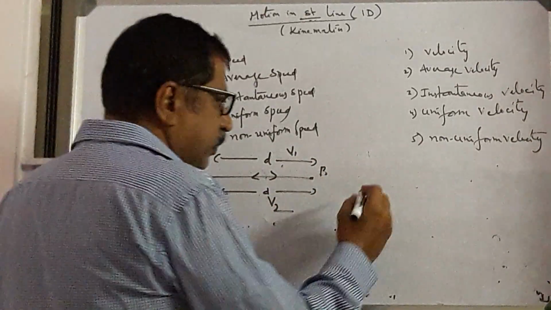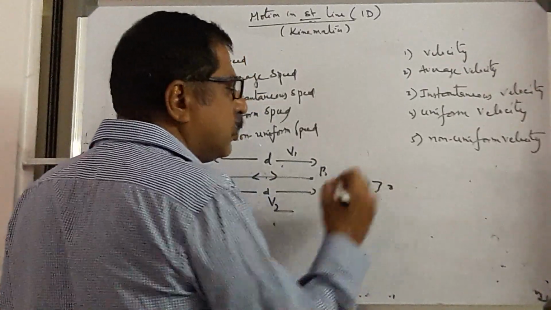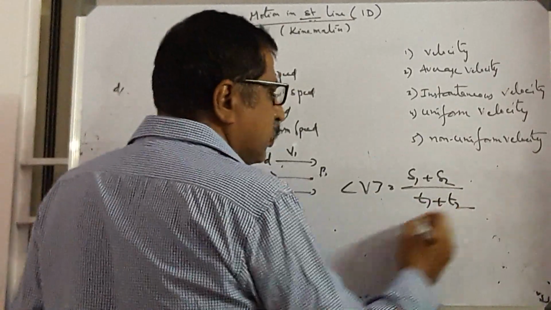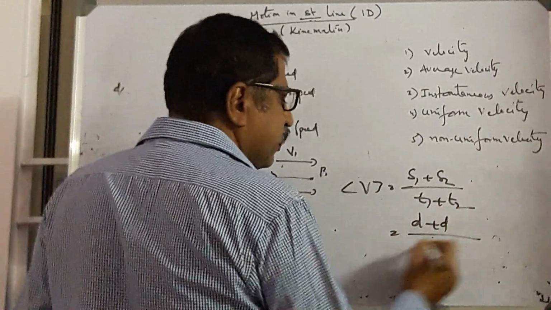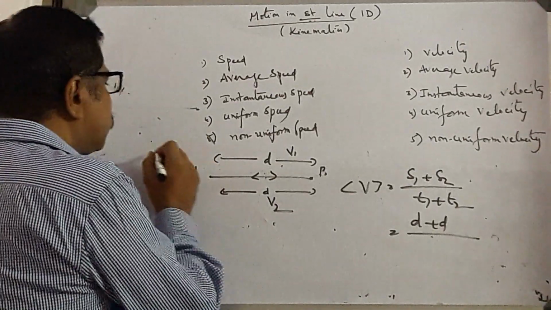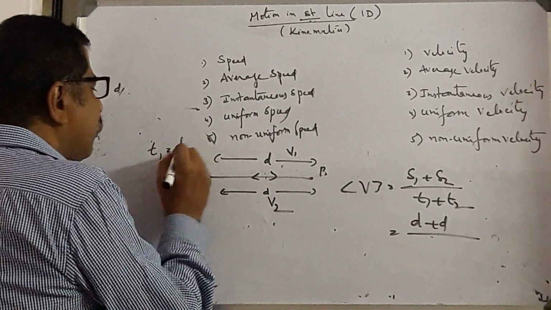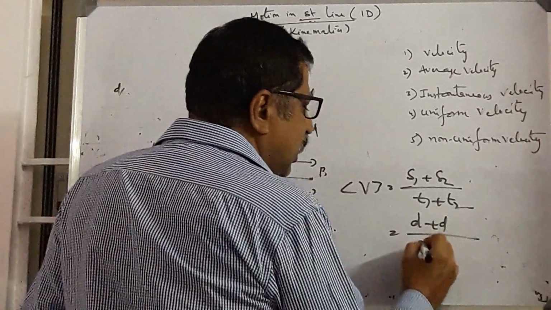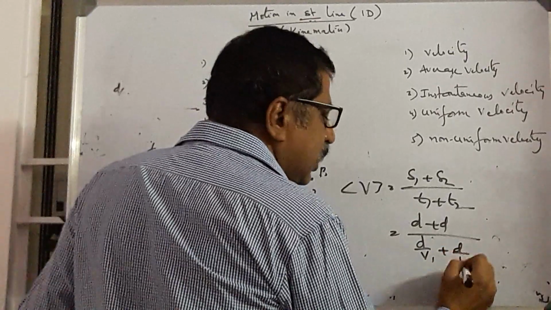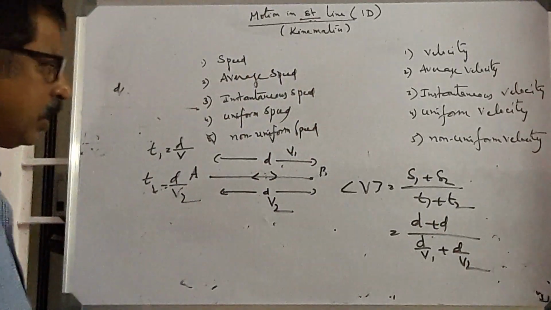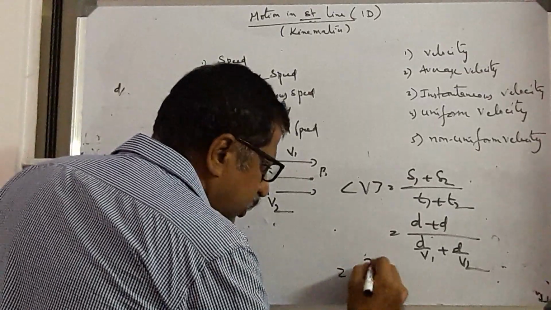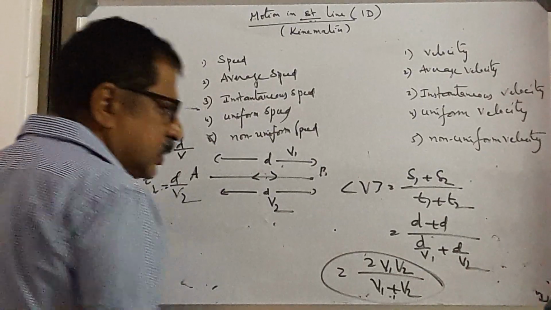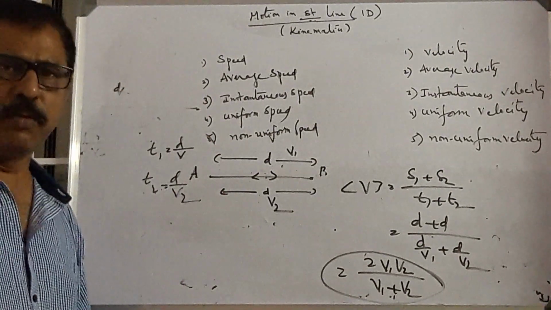Then here also the average speed is equal to (s1 plus s2) by (t1 plus t2). Here t1 is equal to d by v1, t2 is equal to d by v2, so d by v1 plus d by v2. After simplification we get 2v1 v2 by (v1 plus v2). This is the average speed of the body.